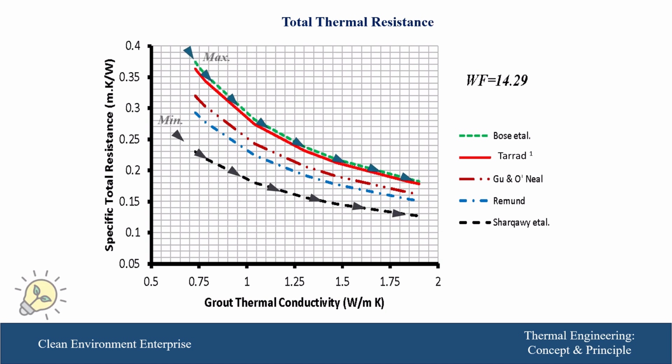For the same geometry, here we have the total thermal resistance, and again it indicates that the maximum was predicted by Bo et al., and the lower value was predicted by Sharqawi.